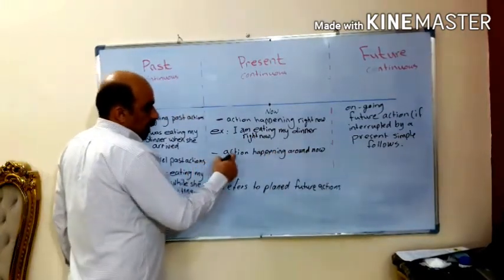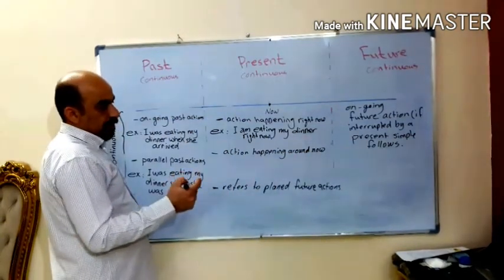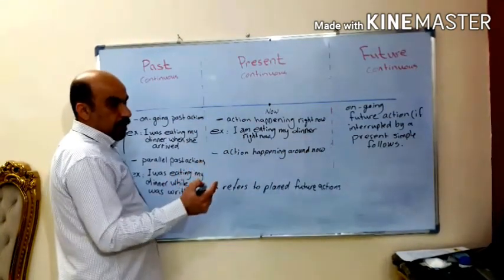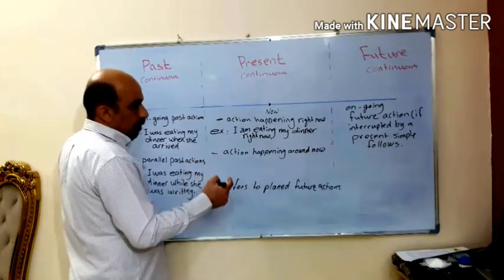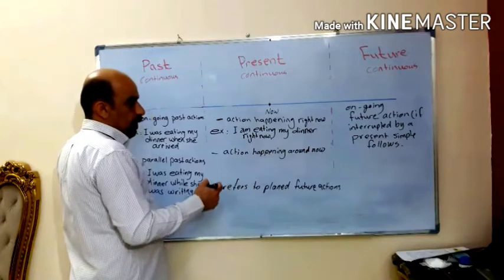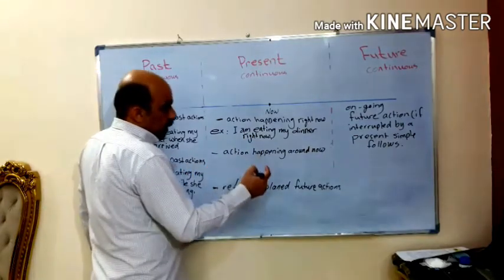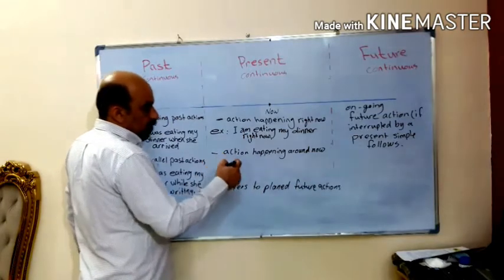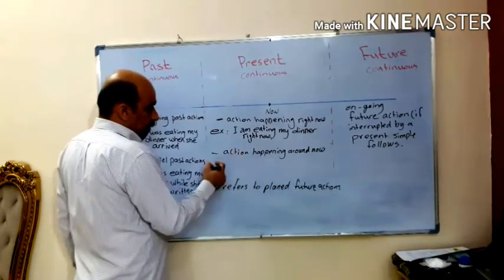Action happening around now. For example, if you are sitting with your friend at a coffee shop and you tell him that you are writing your thesis, the action of writing is not essentially happening right now, but around now.